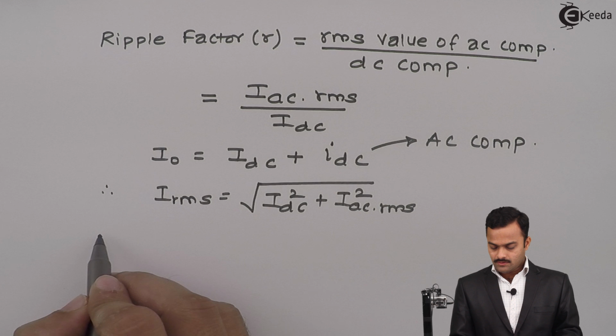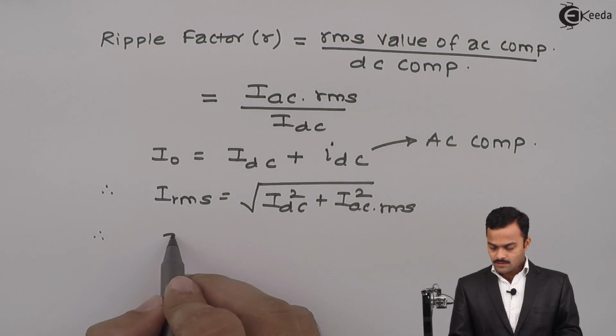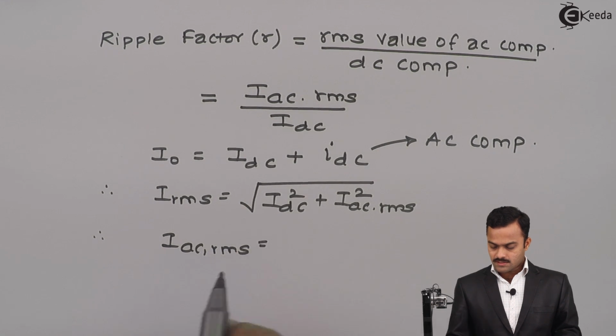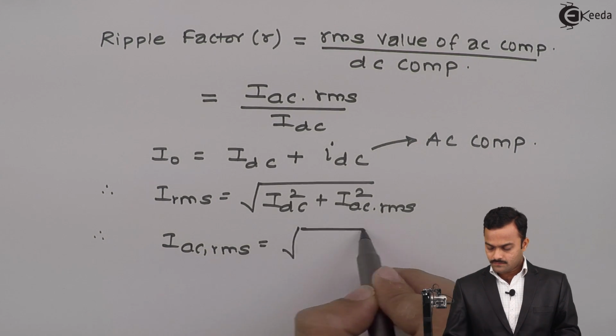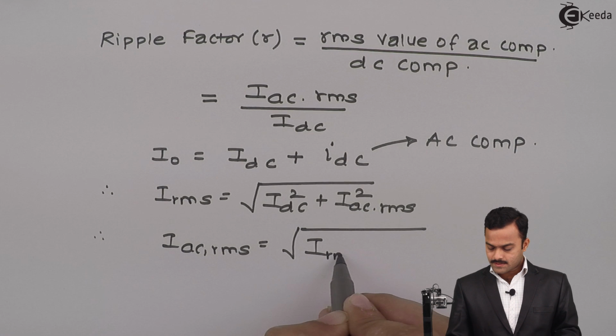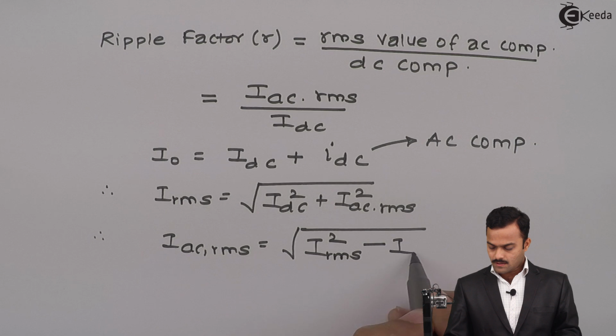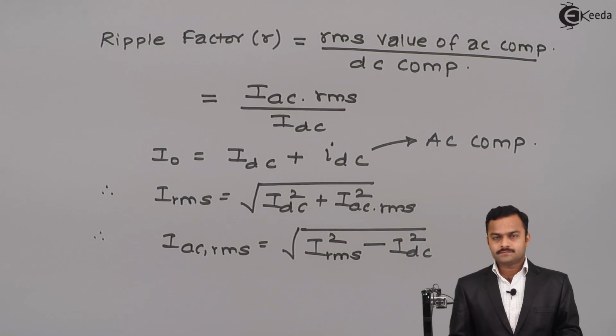So finally what I will get, IAC RMS is nothing but root of IRMS square minus IDC square.